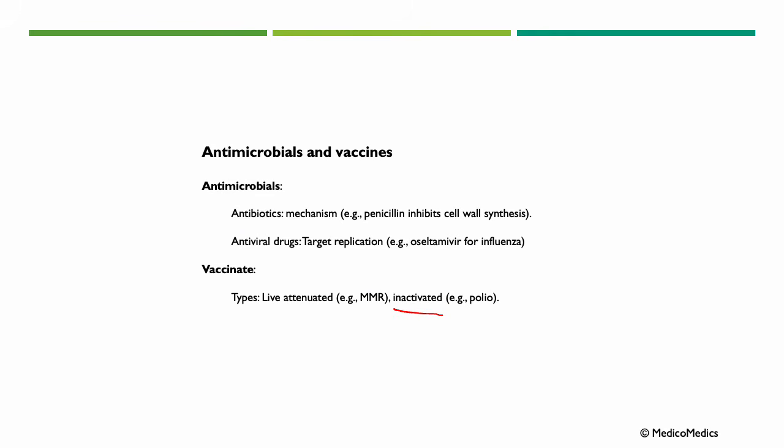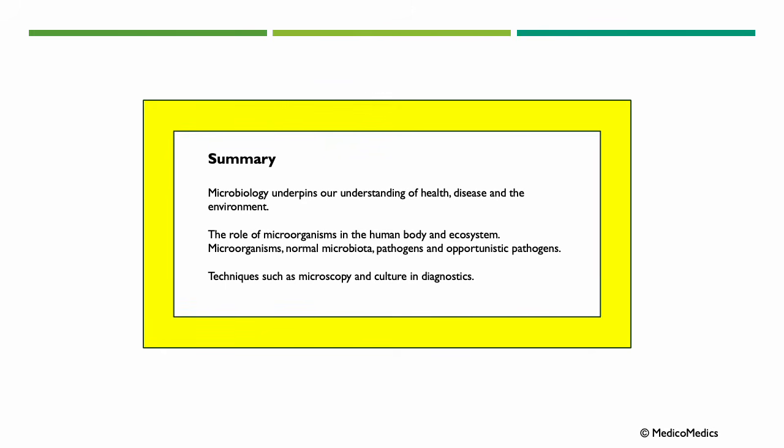We also have inactivated vaccines, whereby we use killed pathogens or parts of the microbe to, again, trigger an immune response. For example, the polio vaccine. So in summary then, microbiology underpins our understanding of health, disease, and the environment. We discussed the role of microorganisms in the human body and ecosystem. We talked about microorganisms.